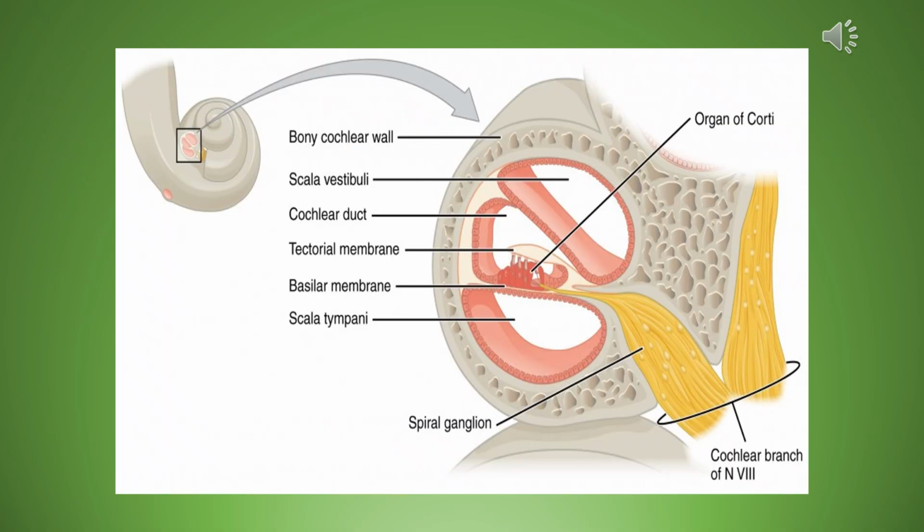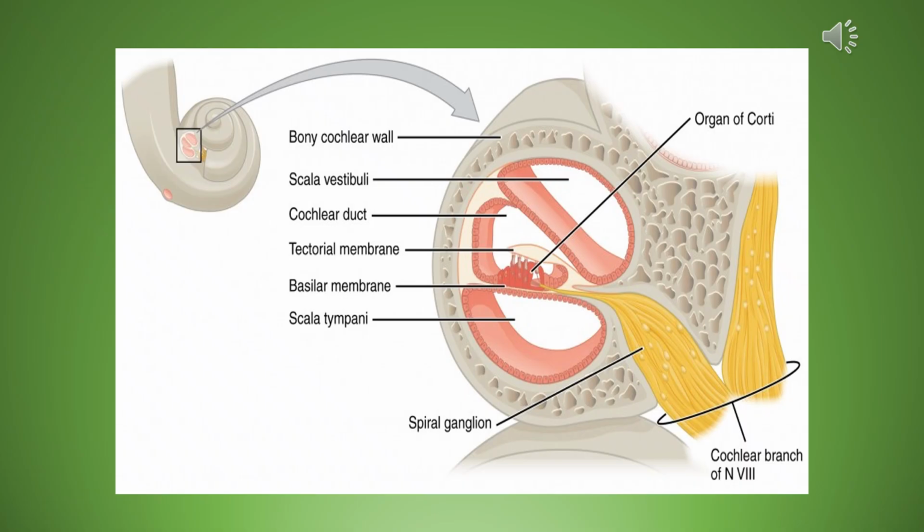So if we take the cochlea, which is simply a coiled tube that is filled with fluid, and we cut it and look at it in cross-section, what we see is that the tube has three different fluid-filled chambers. Those are the scala vestibuli, the cochlear duct, which is also called the scala media, and then down below the scala tympani.